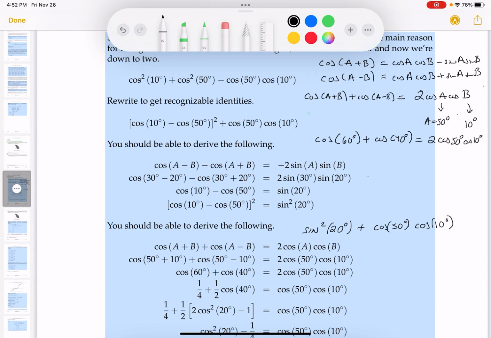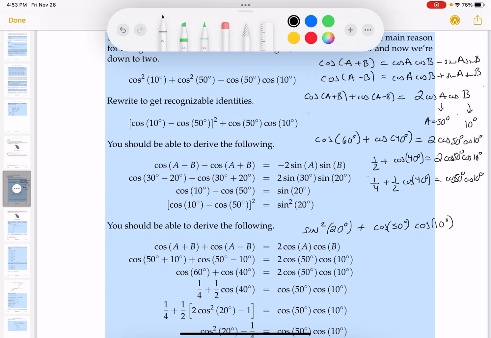It's a half. Plus cosine 40 degrees equals 2 cosine 50 degrees cosine 10 degrees. All right? I'm going to divide both sides by 2, and you're going to get 1/4 plus 1/2 cosine 40 degrees is equal to cosine 50 degrees cosine 10 degrees.